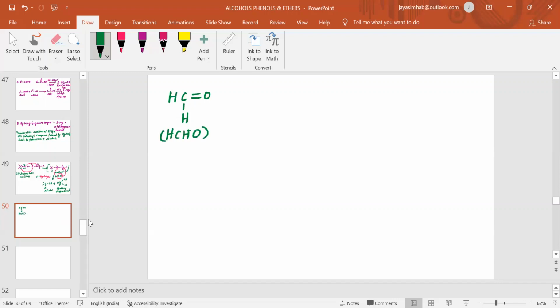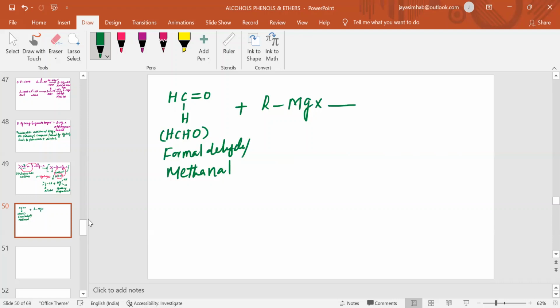This is formaldehyde, or methanal. Either this name or this name you can write. So what will happen? Plus RMgX, or you can take any alkyl group, no problem.